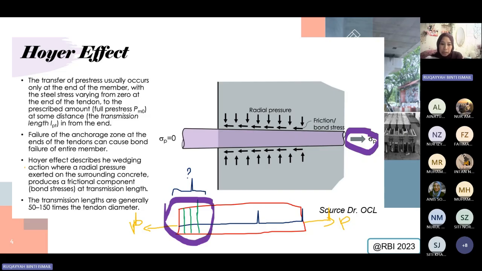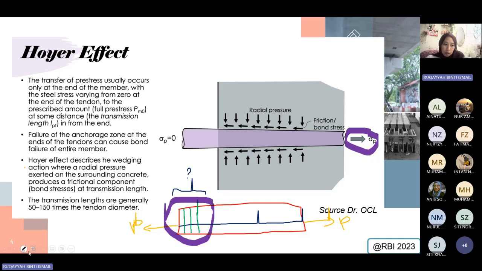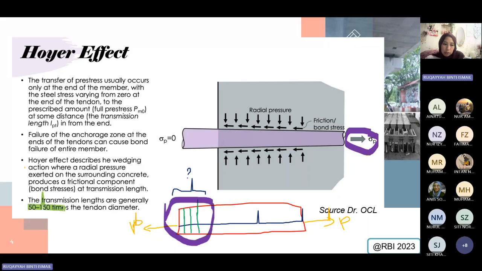For the transmission length, where we have to provide the reinforcement or shear link, generally we take about 50 to 150 times the tendon diameter. This is kind of the assumption that we can make.